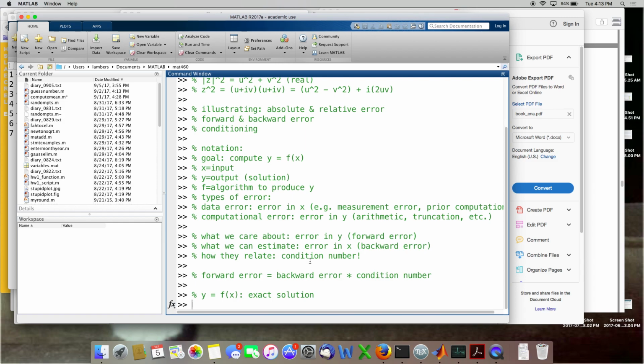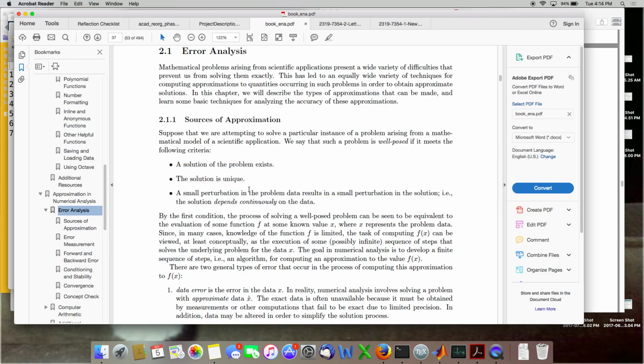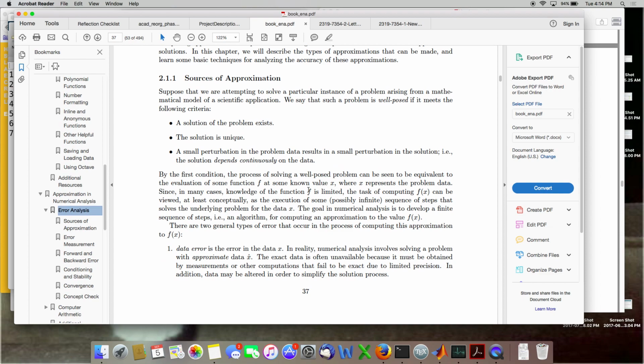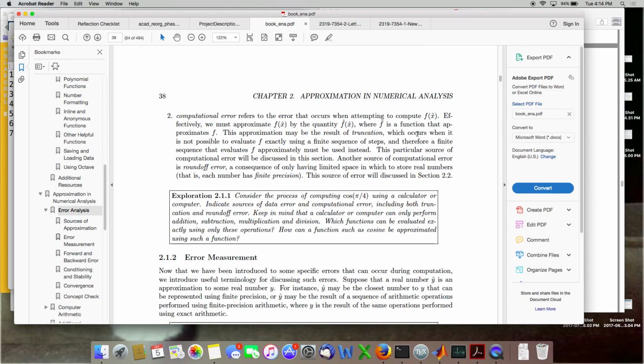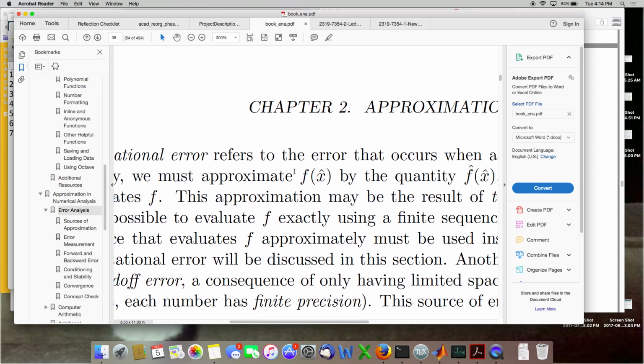Now, to refer to approximations, if I remind you of how that's done in the book, I use hats to refer to approximations. So, for example, right here, I have f of x hat.